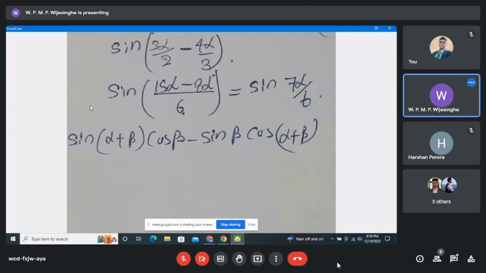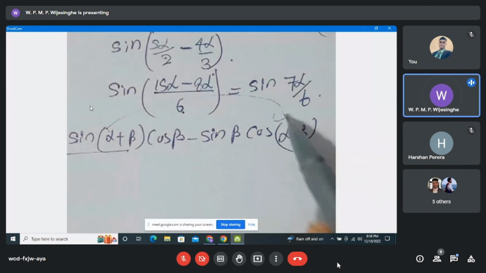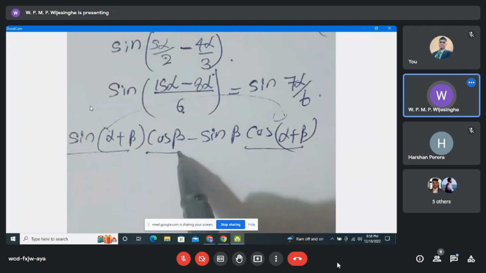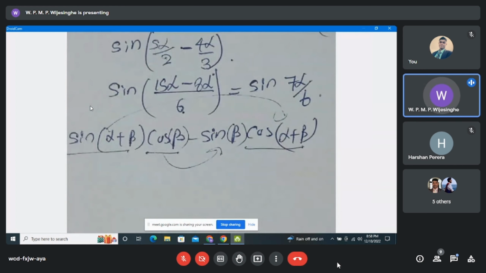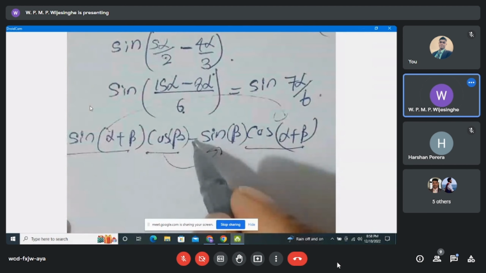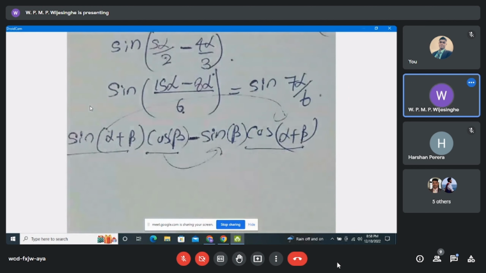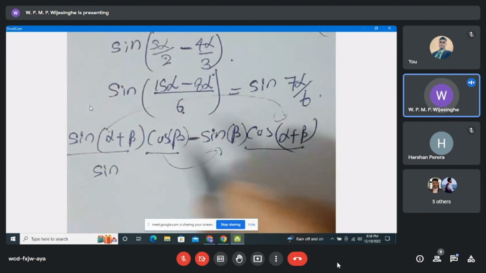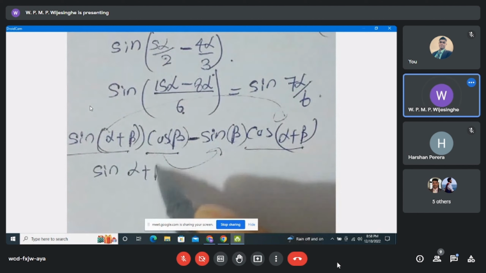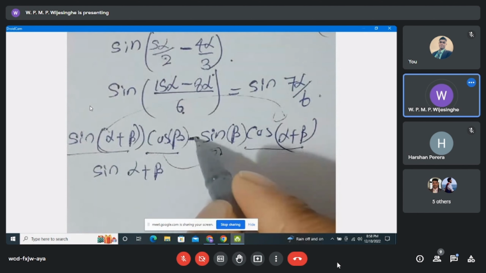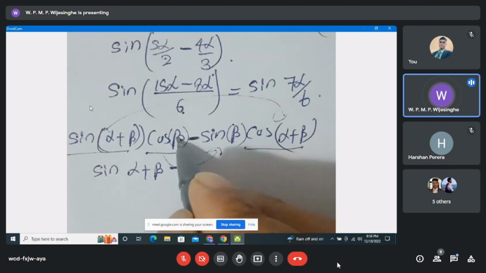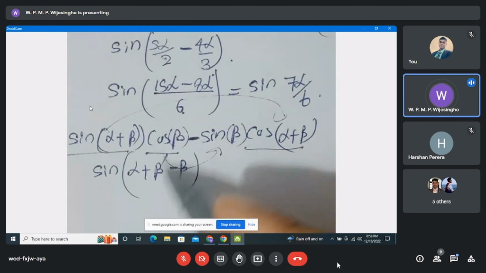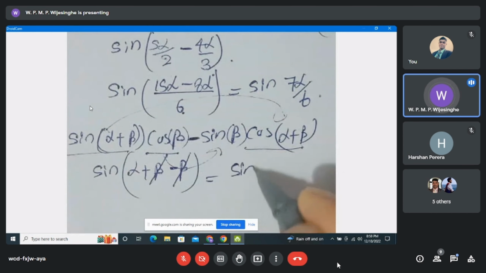Yes, here sine converts into cos in the same angle, cos converts into sine, those are in the same angle. Then you can write here. Here you can observe that it is negative, so it is the difference between two angles. Then I can write sine, first angle is alpha plus beta. Here negative, then here it is also negative. Second angle is beta, right? This one cancels and it is equal to sine alpha.